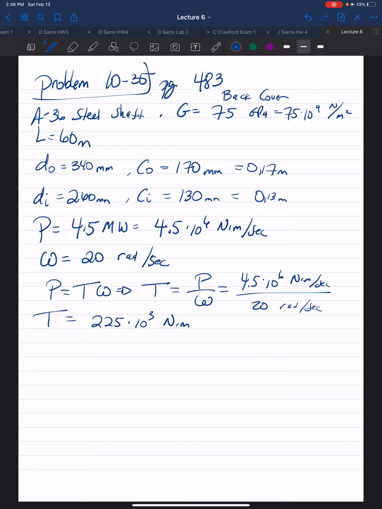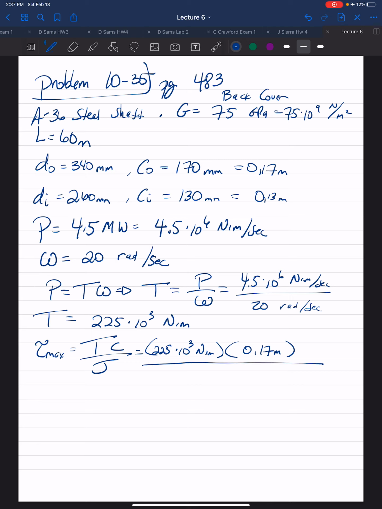So then our maximum shear stress will be our torque, which is 225 times 10 to the 3 Newton meters, times our outer radius, C, which we said was 0.17 meters, over our J. This has both an outer and an inner diameter, so it was a hollow tube.